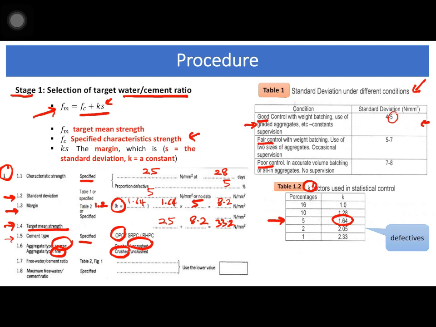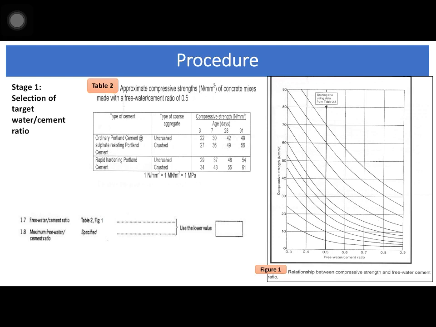Okay. And the next stage is to determine the free water cement ratio. So we need to refer to table 2 and figure 1. Next, we need to fill in the free water cement ratio. So for this item, we may refer to table 2 and figure 1.